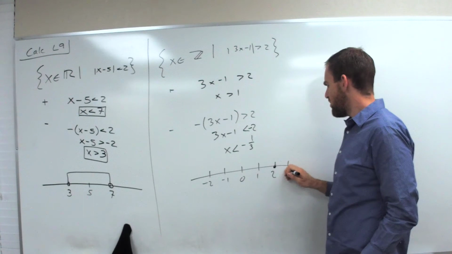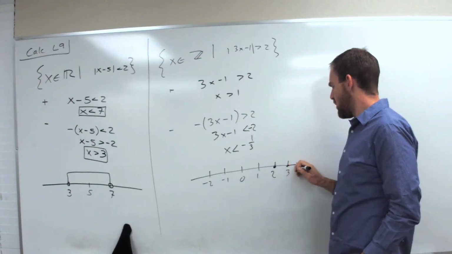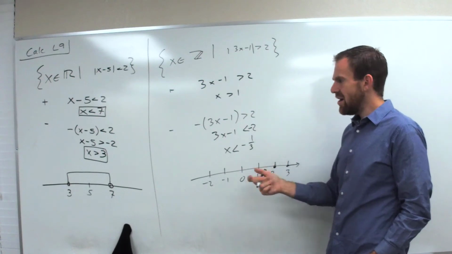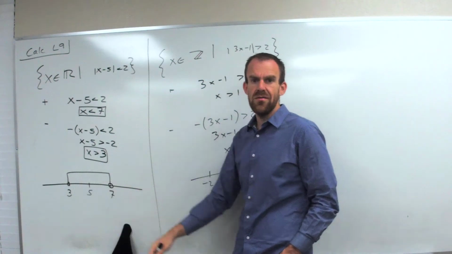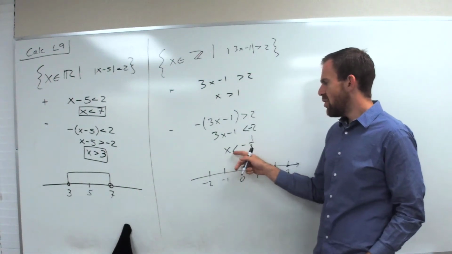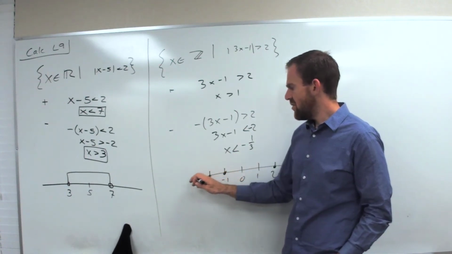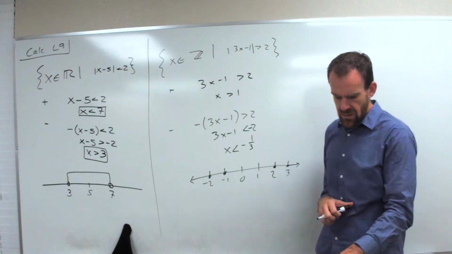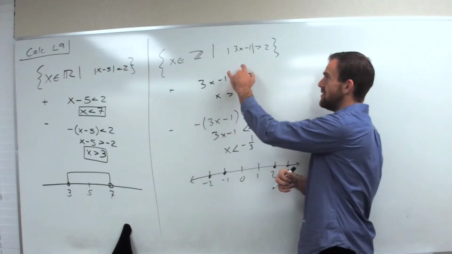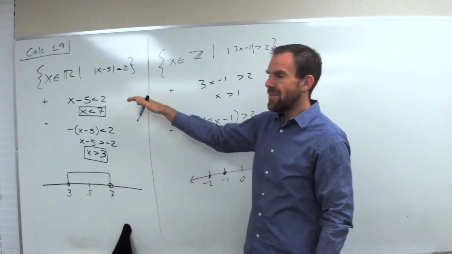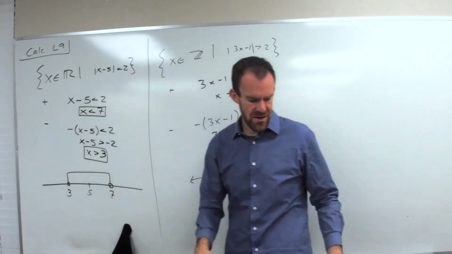So I'll probably give 3 and put an arrow that way so that it's the filled in dots, but you're not drawing an arrow like we did here or a line over it. And then I want all integers less than -1/3. That sounds like -1, -2, and going on that way. All right? Since my absolute value is greater than, it's going to point outward. Here my absolute value was less than, so it pointed inward.